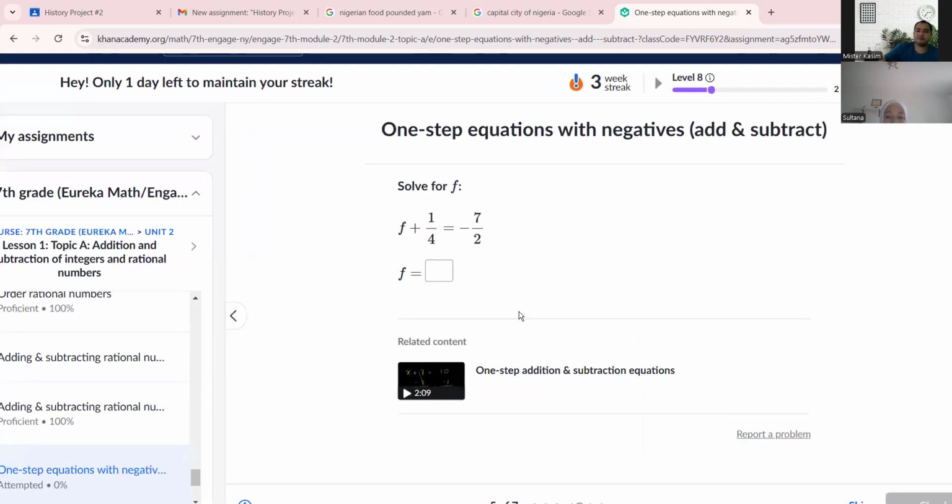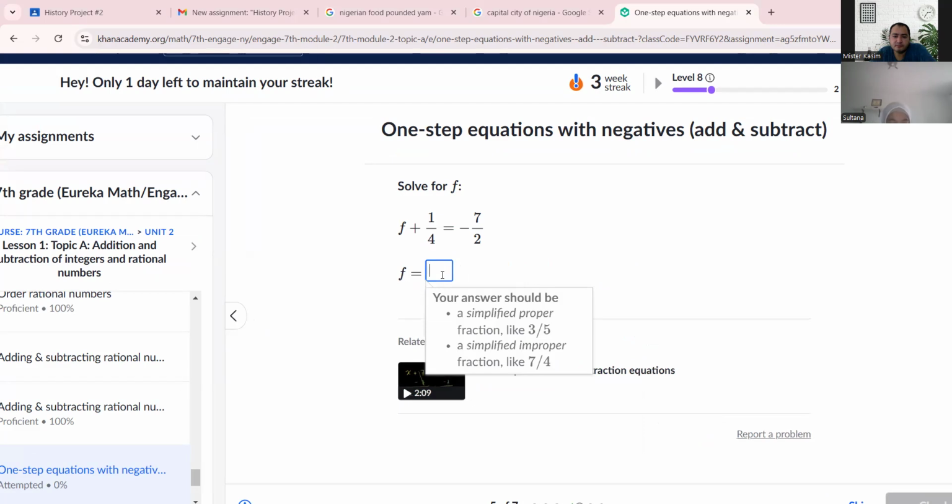And now here, for example, f plus 1 over 4 equals negative 7 over 2, right? The idea is the same. So plus 1 over 4, move it to the right-hand side. So f equals negative 7 over 2 minus 1 over 4.